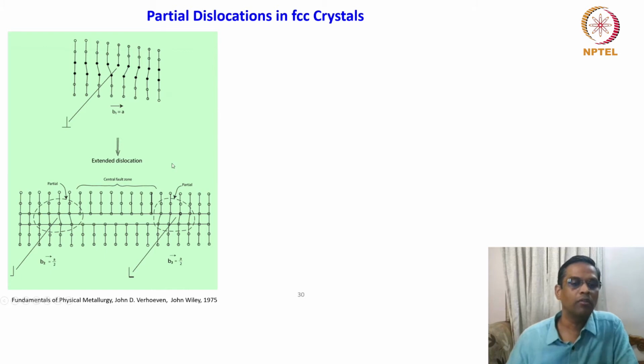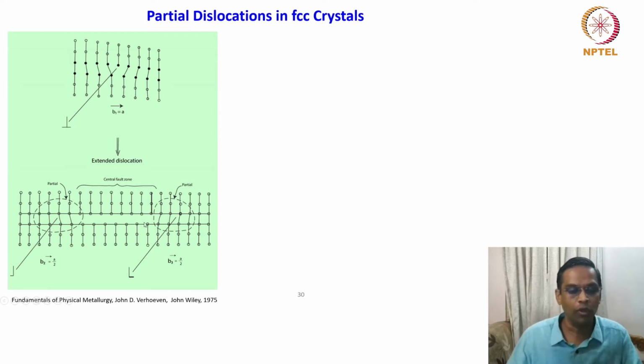Because of a small displacement in the lattice position, how does it get distorted locally, and how does this influence the rest of the atoms' neighbors? That is very important, and that decides the fault zone.